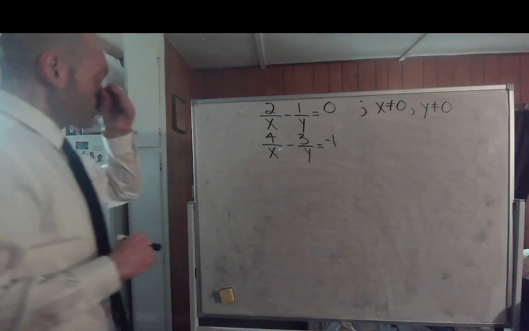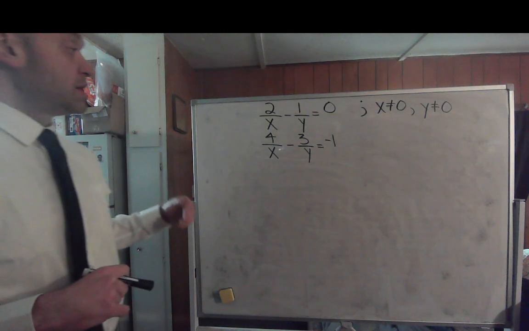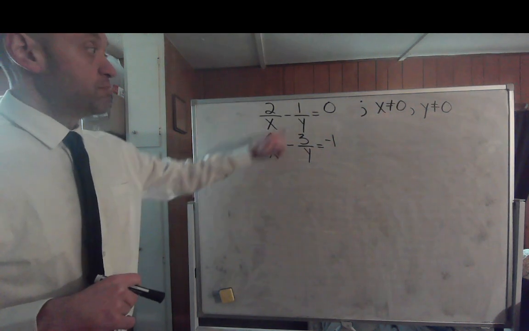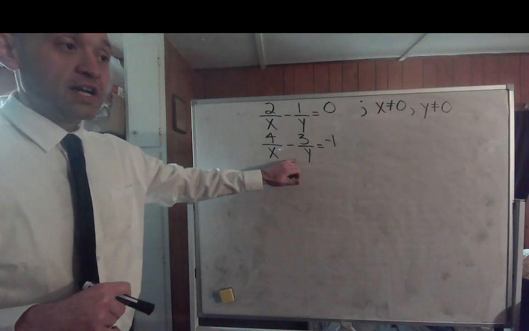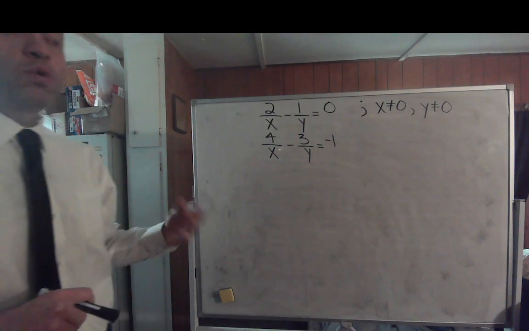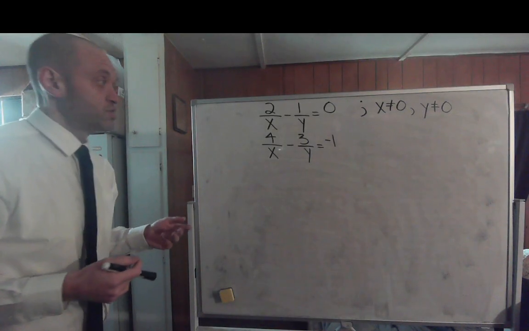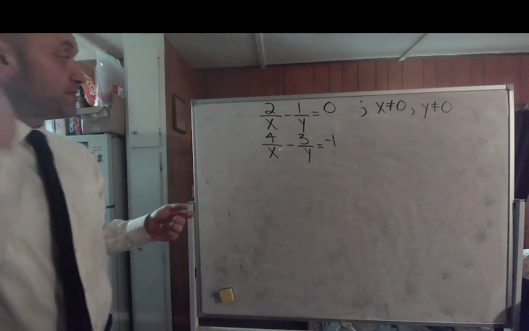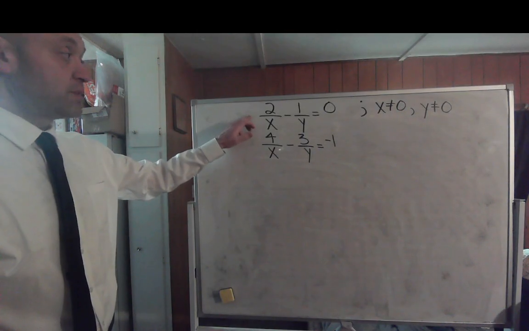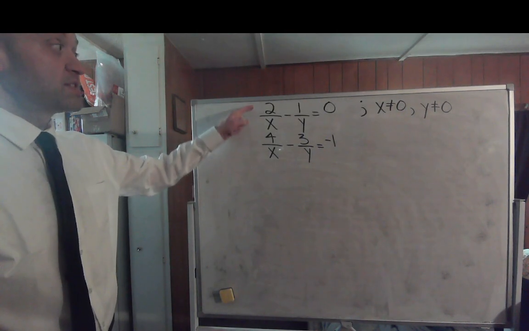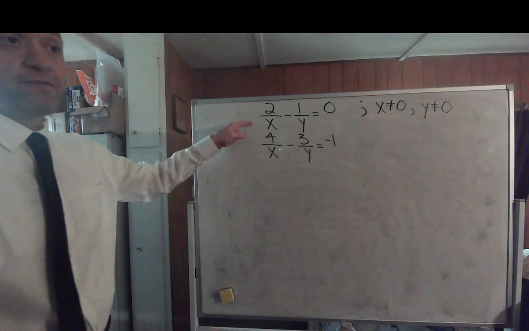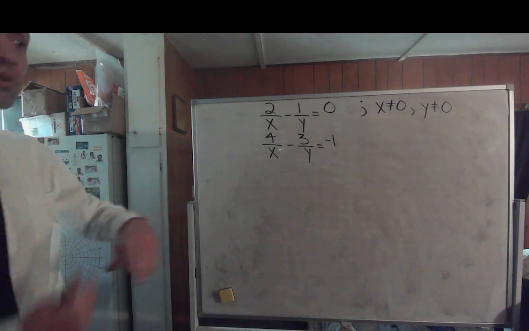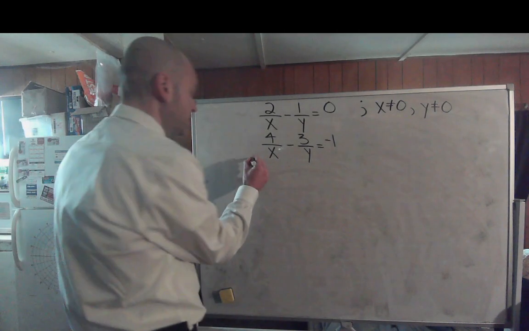Well, if you look here, you have both positive and both negative for your x and y coefficients, so this isn't going to go quite as nicely as our last equation. But if I multiply the top equation by 2, I can make this top equation also have 4 over x, so we can look to eliminate the x variable temporarily.